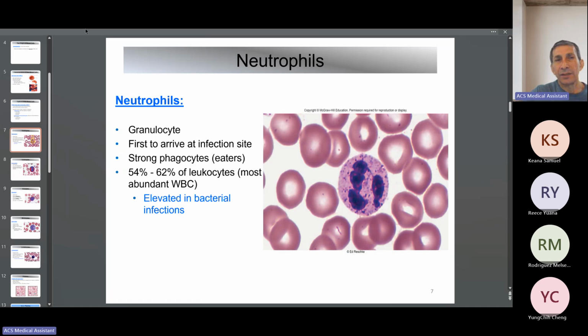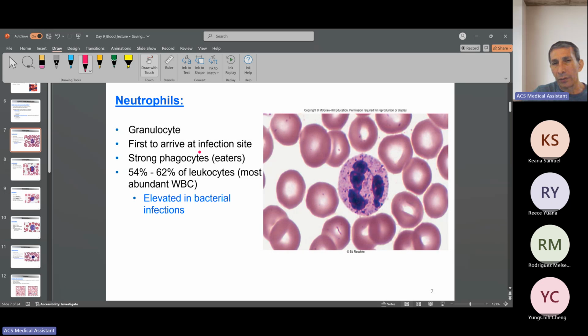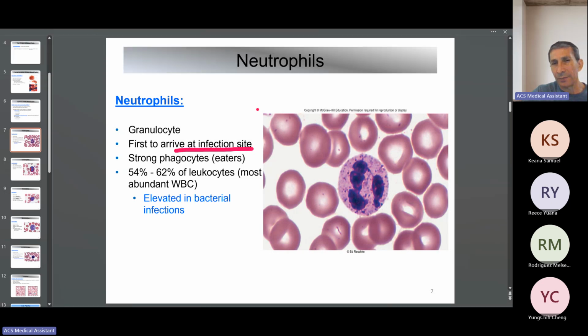It says right here, these are the first to arrive at the infection site. Remember that I mentioned it yesterday. As soon as we get attacked, invaded by bacteria, these neutrophils run through the blood to that area. Remember I mentioned the ambulance or the fire department or the police, they arrive to the scene of the accident or the crime, whatever the case may be.